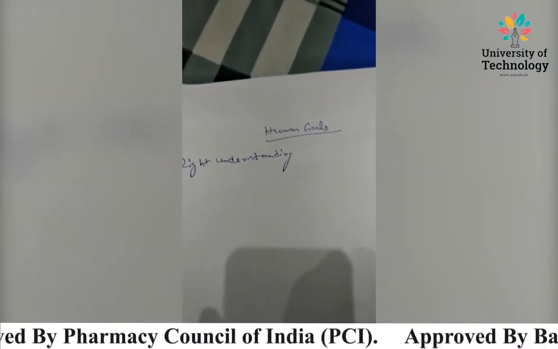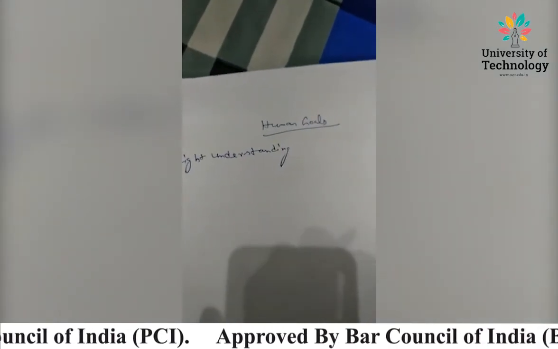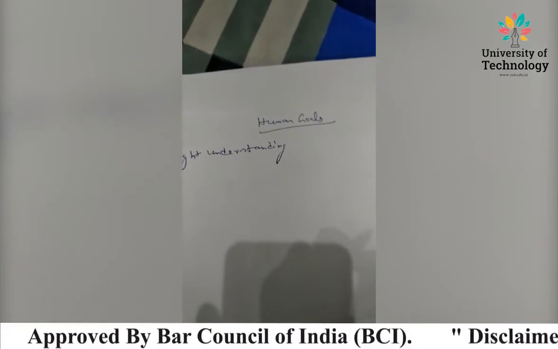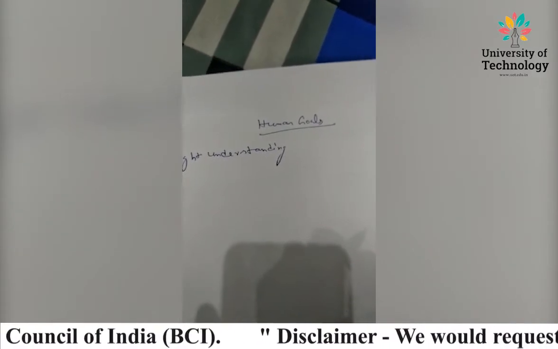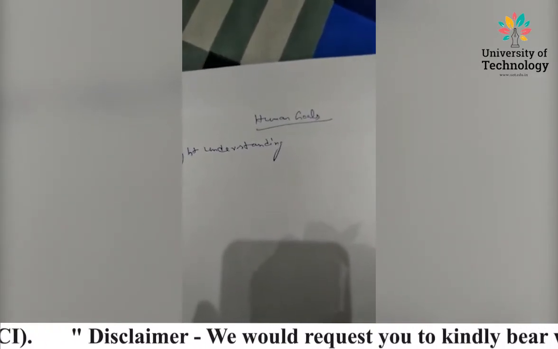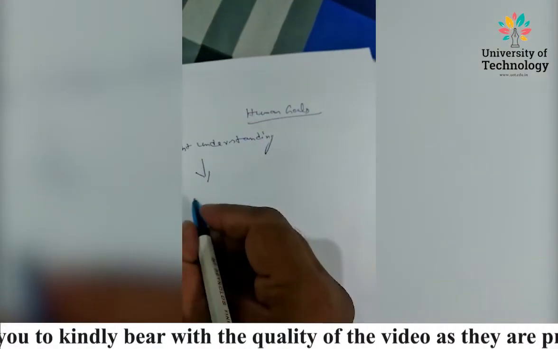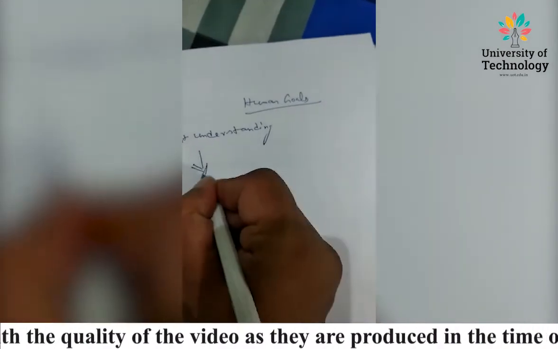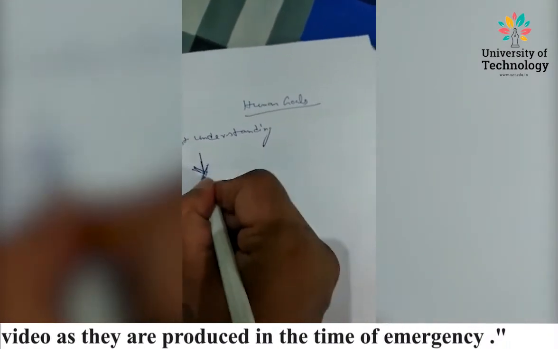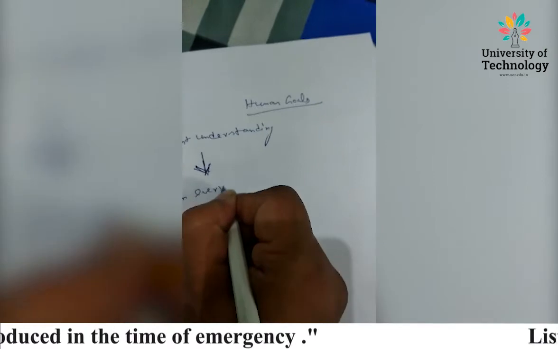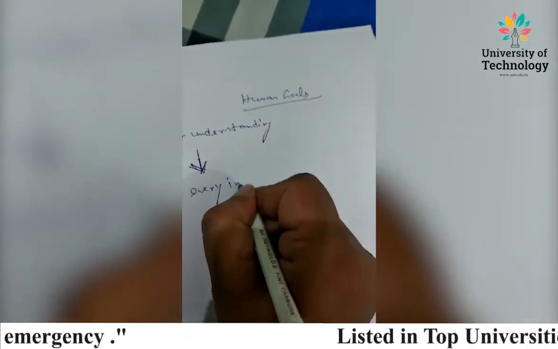When one does not have the right understanding, one remains disturbed and also acts in a manner so as to create disharmony with other human beings as well as with the rest of nature.